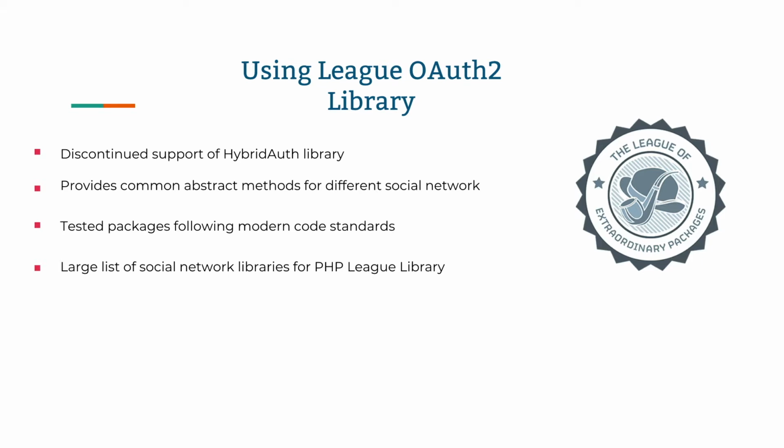We were thinking about HybridAuth library as well, but the problem with HybridAuth is that it's discontinued. Nobody is supporting it anymore. And because the League supports a large list of social network libraries, around I think 40 or 50, it was the right choice for this project because we wanted different providers.